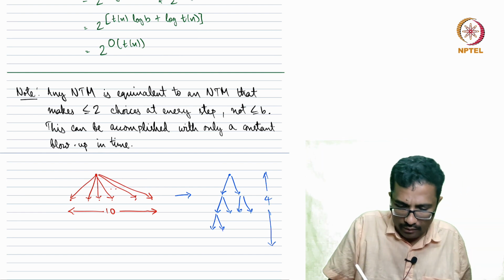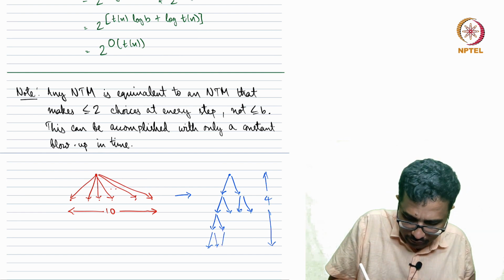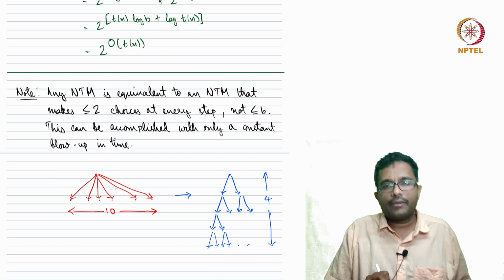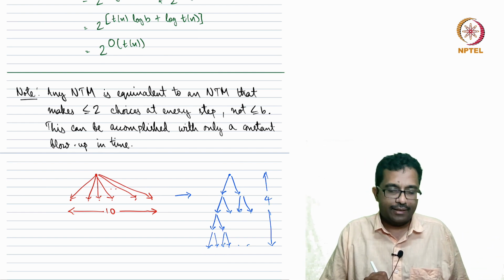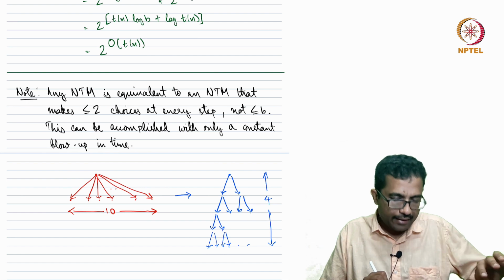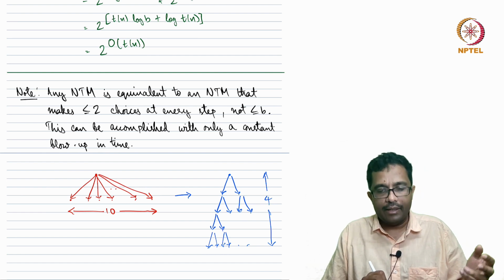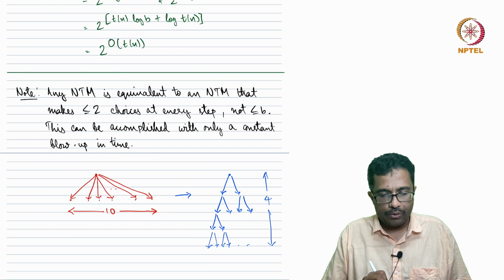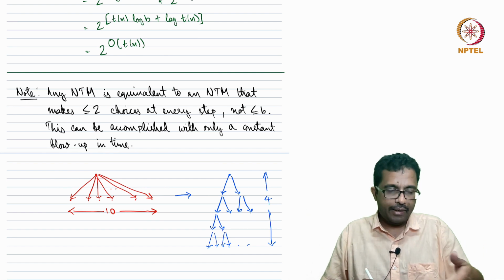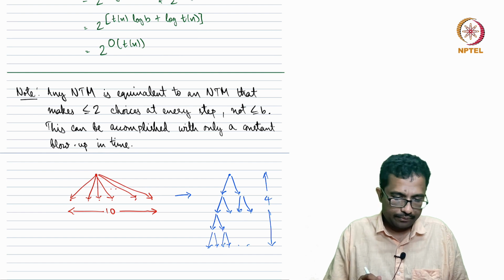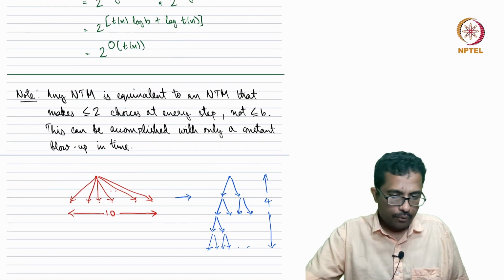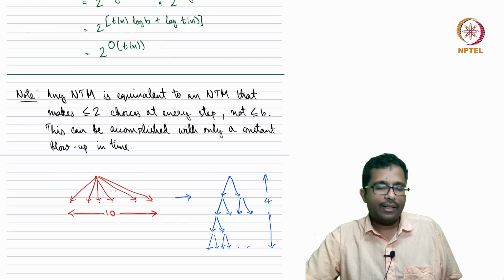So the height required is 4, which is again a constant. So it's just a constant blow up for the running time of the NTM. Initially, if it took T(n) time, now maybe it's T(n) multiplied by log b time, log b to the base 2. So asymptotically, it is the same.